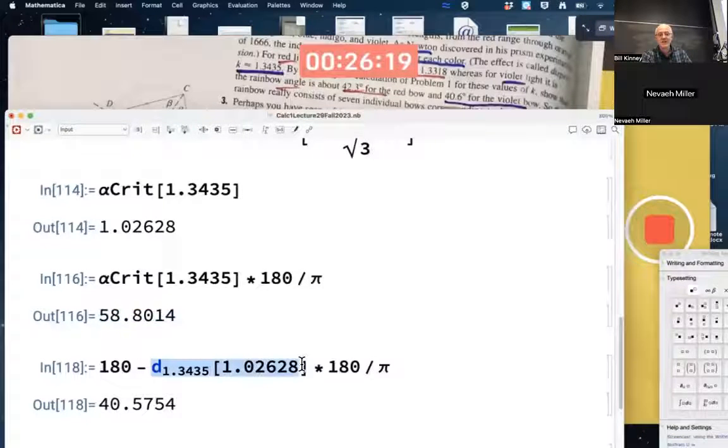Plugging that into the deviation function gives me the actual minimum deviation in the ballpark of 140 degrees. I subtract it from 180. I get 40 for the angle of the violet.